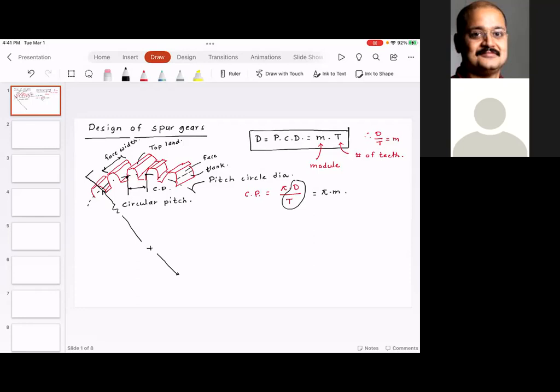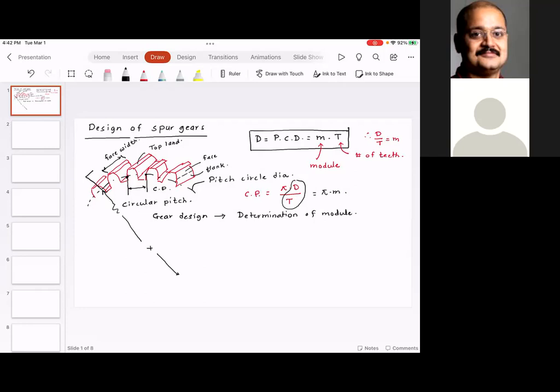Gear design, and remember this, is nothing but determination of module. Because all the parameters like the face, flank, clearance, all that stuff is defined in terms of module.